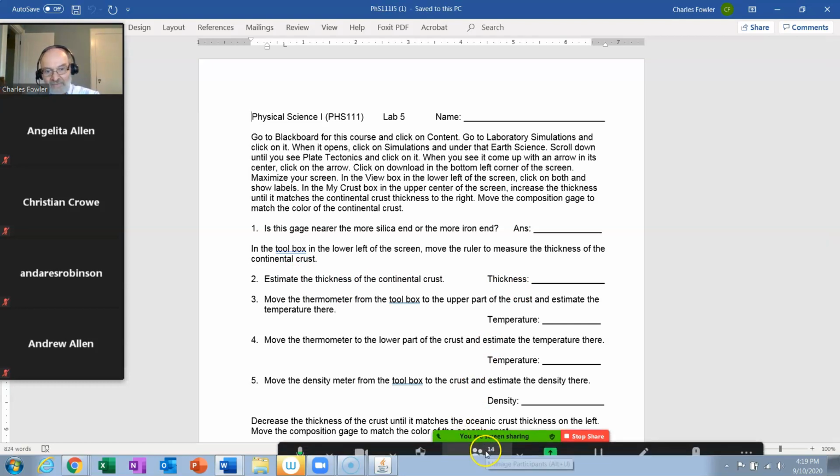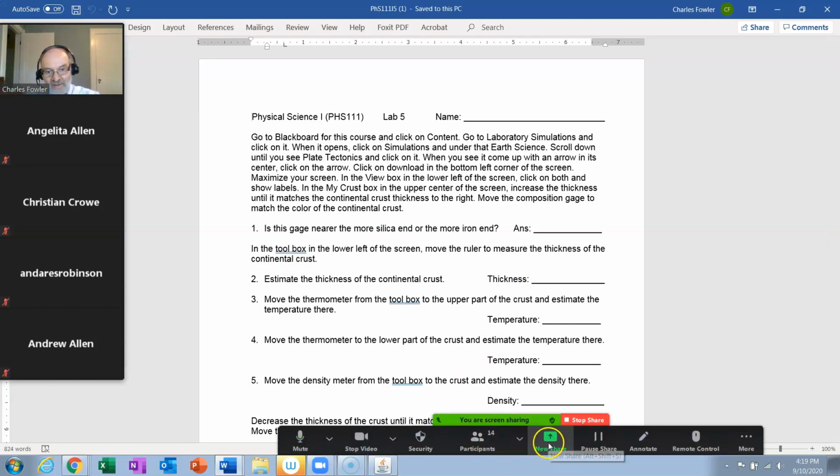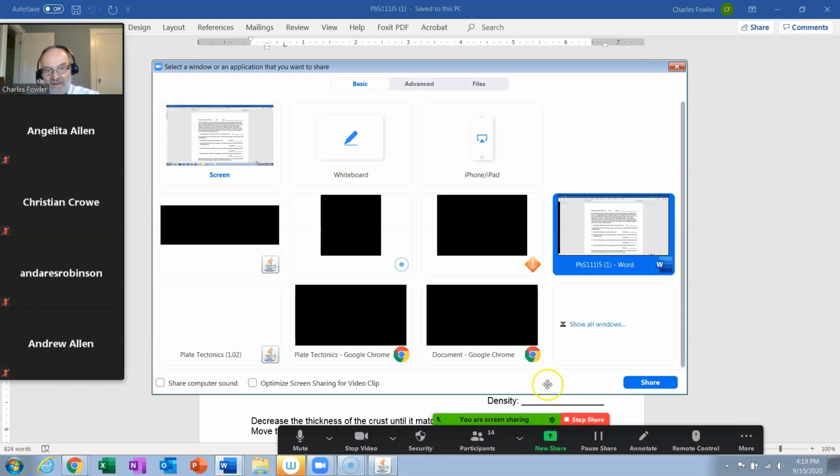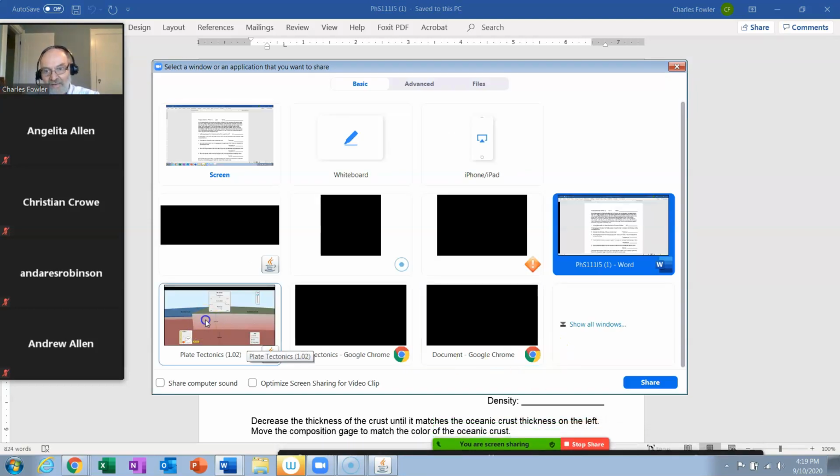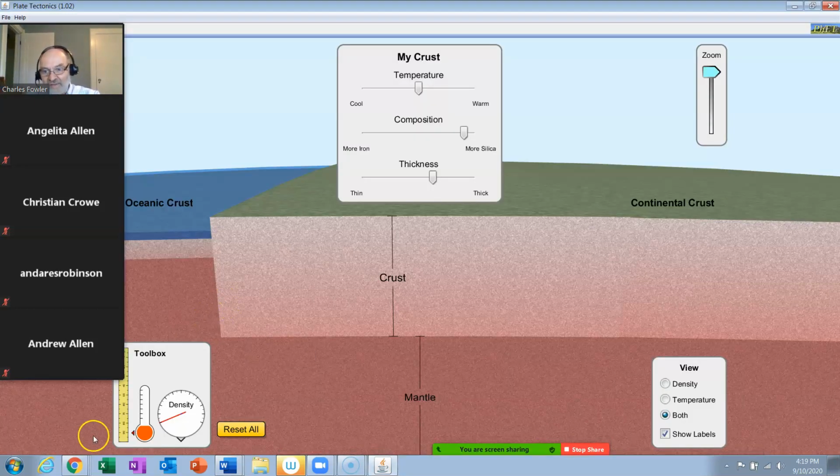So let's go back to this. Let's go down to the toolbox here, take the ruler out, and move the ruler over here until we are, put 0 at the top. All right, that looks about it.